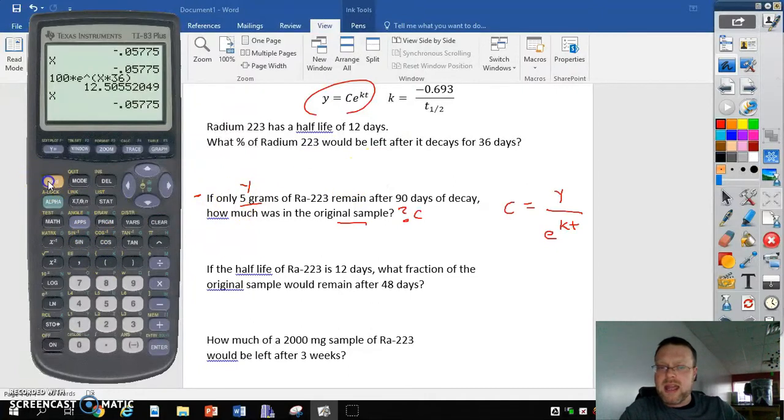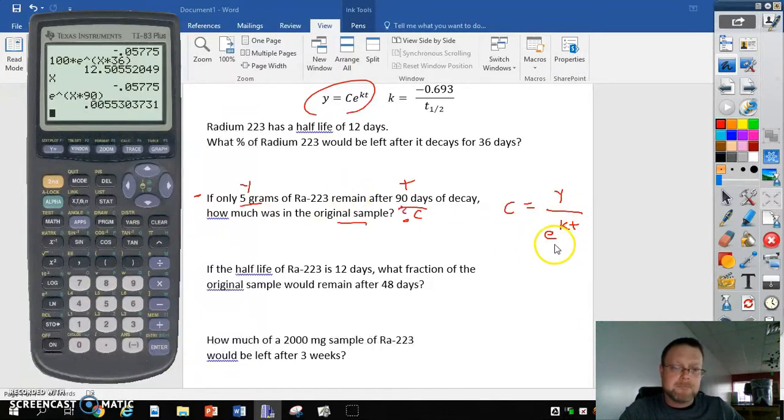So I'll get the bottom by doing e raised to the power of k times the total amount of time. The total time of decay in this problem is 90 days, so k times 90. That's going to give me just the bottom of that fraction. Okay, so that's the bottom.